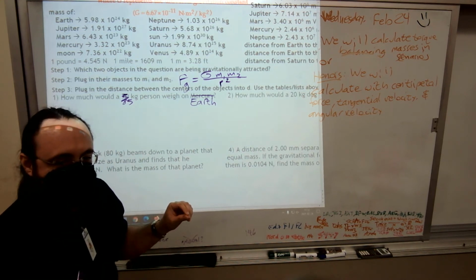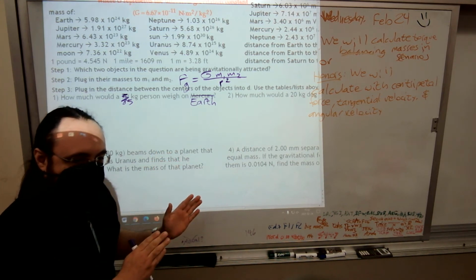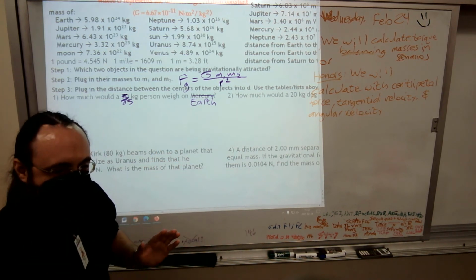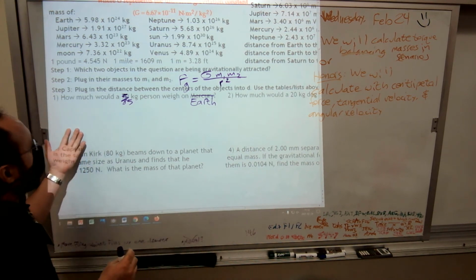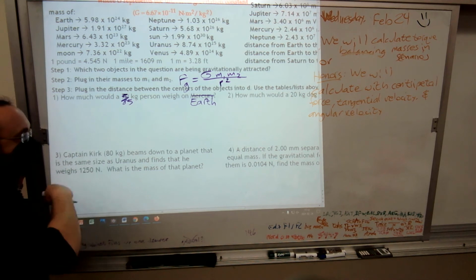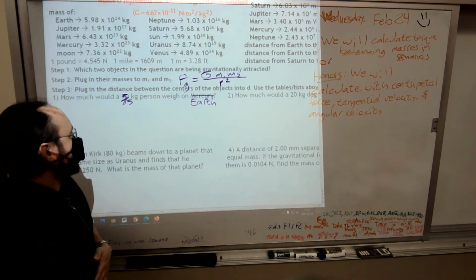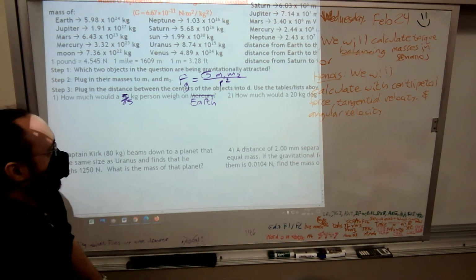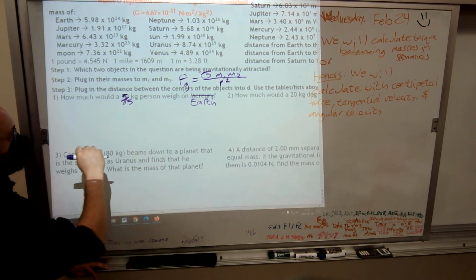In that case, you'd have to take the distance between the Earth and the Moon and add the radius of the Earth and the radius of the Moon, and then that's the distance between the center of each object. And in my case, it's the distance from me to the center of the Earth. This 1 meter between my center of gravity and the center of the Earth does not make a difference as far as the radius of the Earth goes, so I'll just put the radius of the Earth down there.